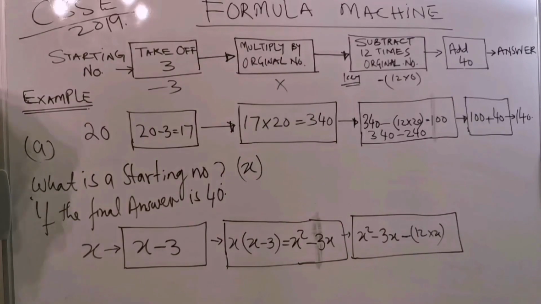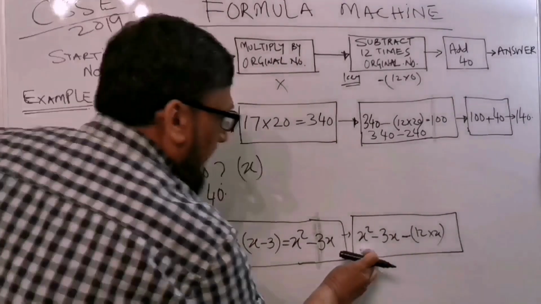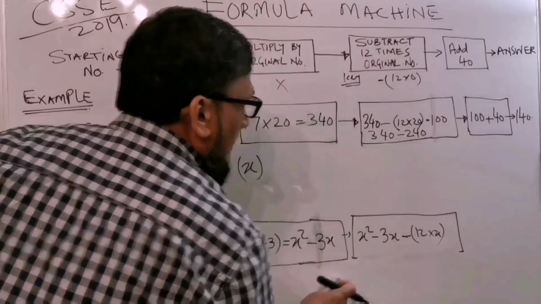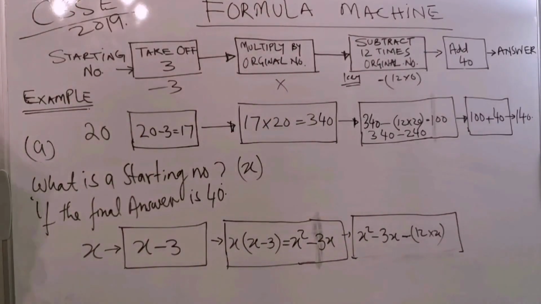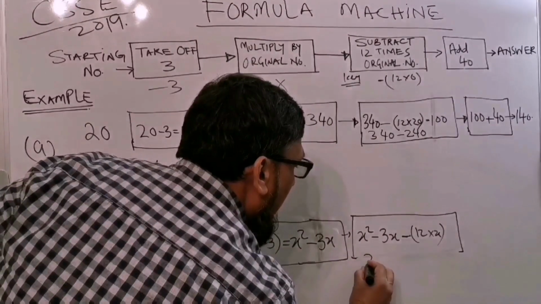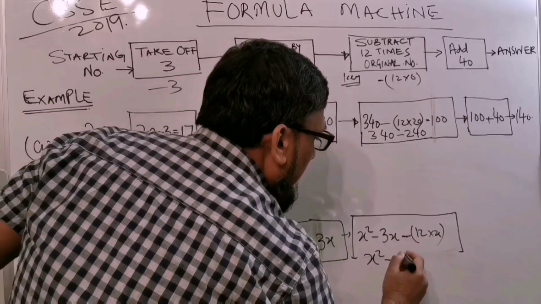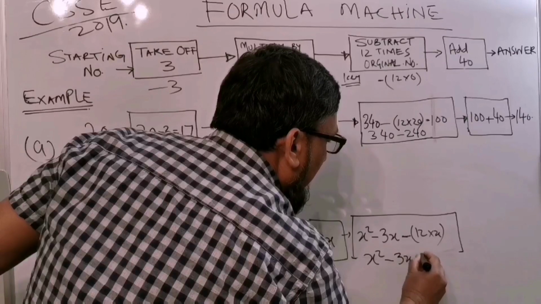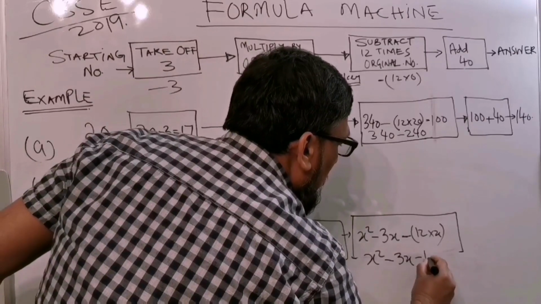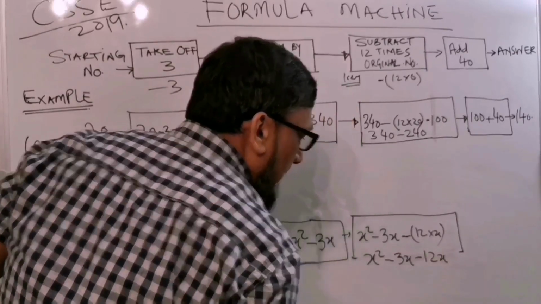The answer for this machine process is x square minus 3x minus 12x.